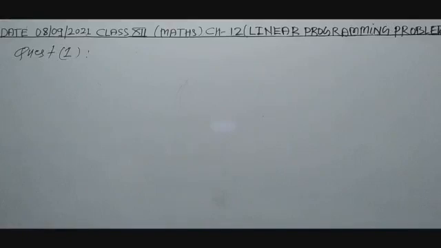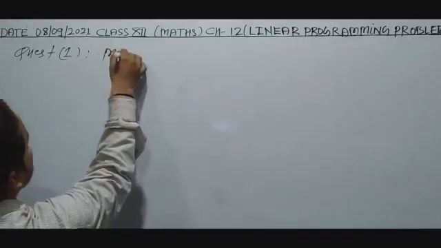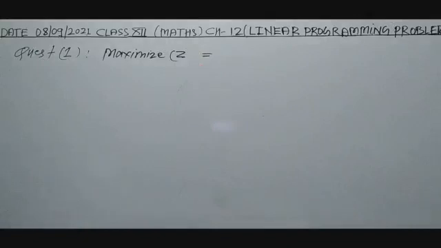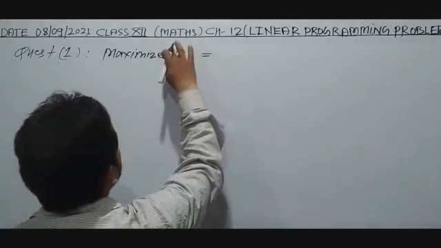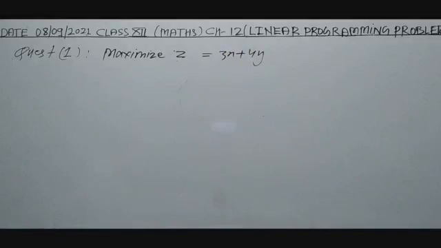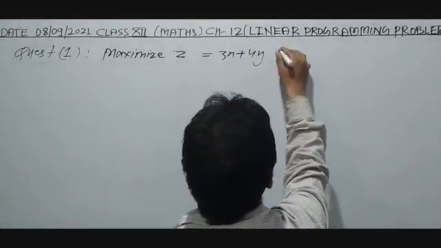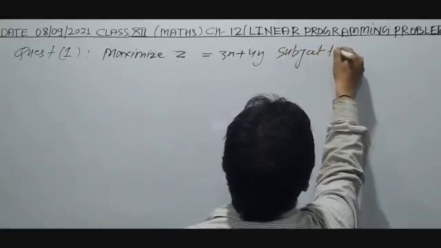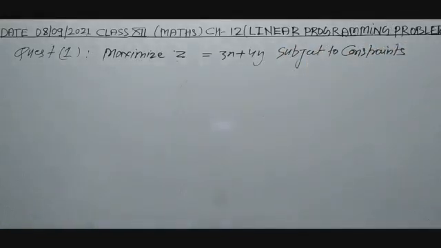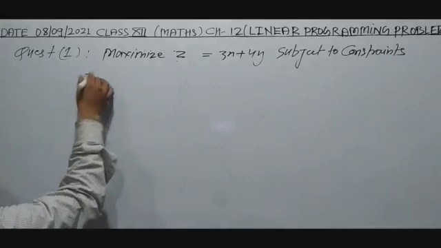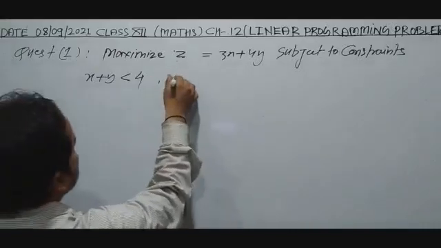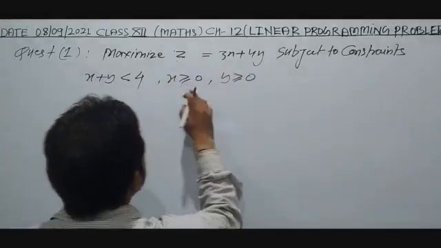Maximize z equals 3x plus 4y, subject to the constraints x plus y is less than or equal to 4, x is greater than or equal to 0 and y is greater than or equal to 0.